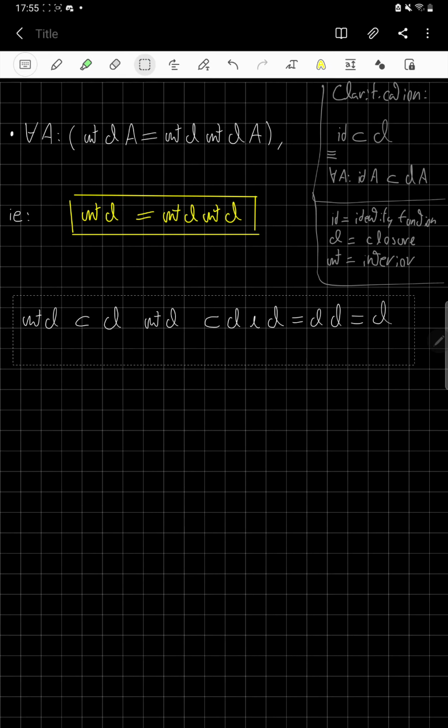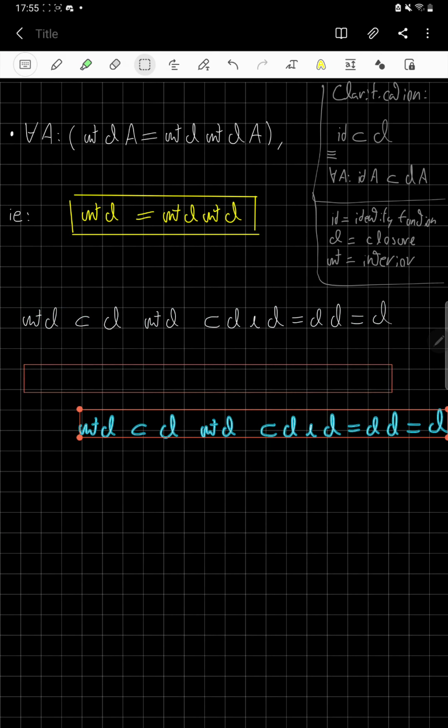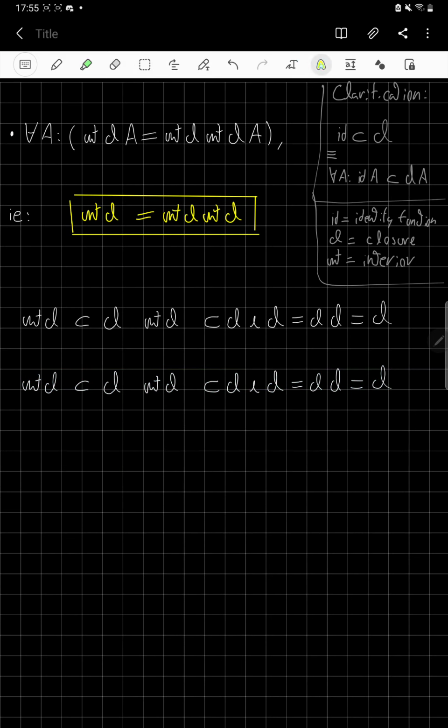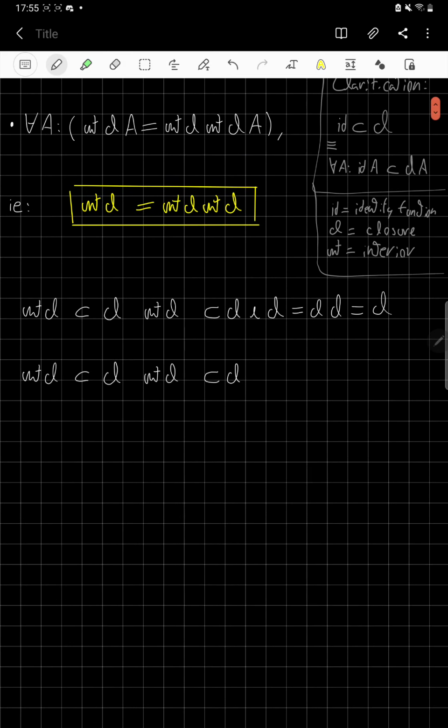Okay, so let's write it again, but just write the important parts. This thing here is just a closure, so let's ignore the rest.